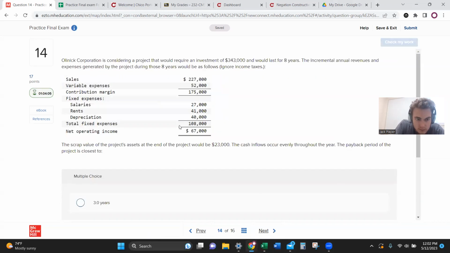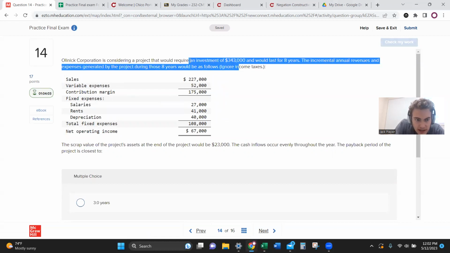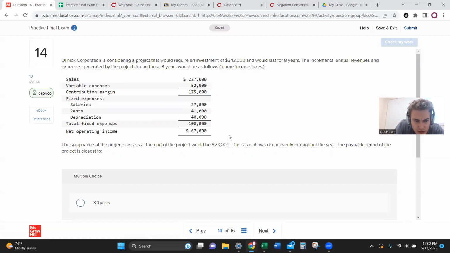Okay. The annual amounts would be as follows. The scrap value would be 23. Payback period of the project is closest to.